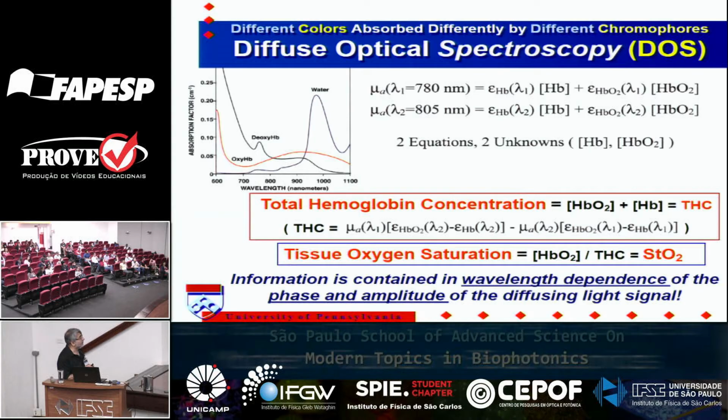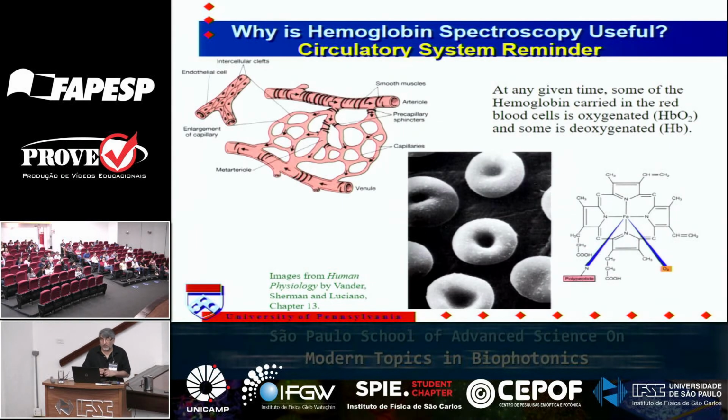And so let me now say a little bit more about why you care about that, because everybody really does care about that a lot. Okay, so you want to think a little bit about the vasculature. Just to remind you, the circulatory system has the arterial side, the venous side, and the capillaries connecting them. The oxygen is brought in on the arterial side, and then it's used by the tissue.